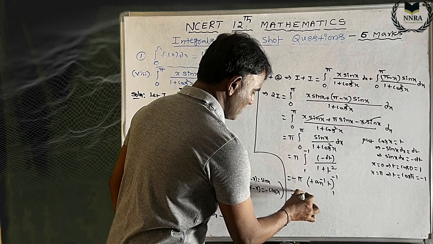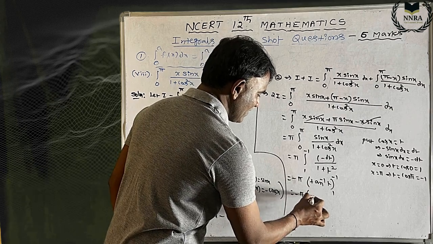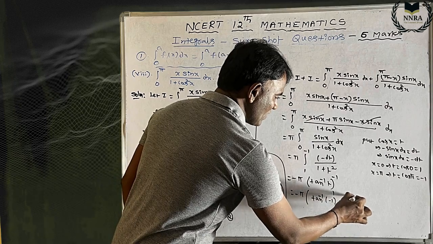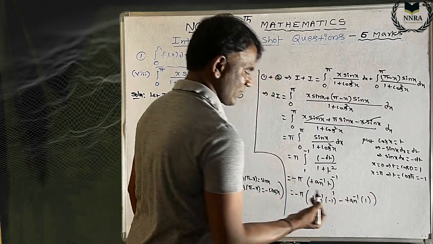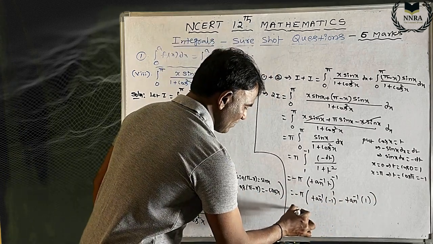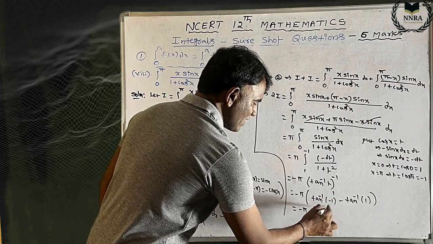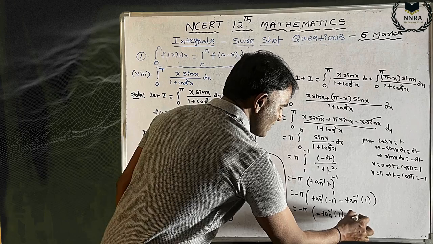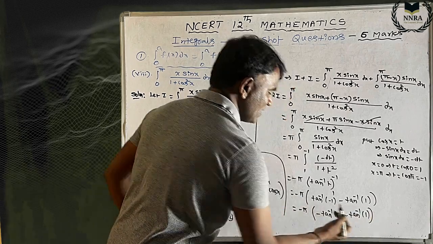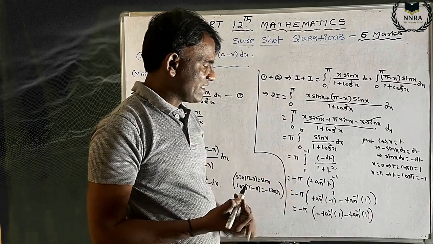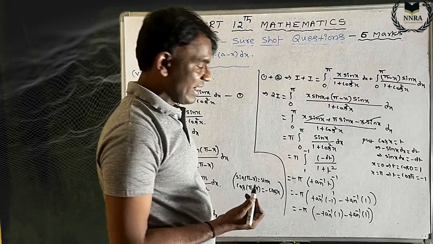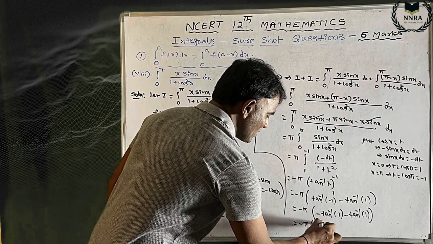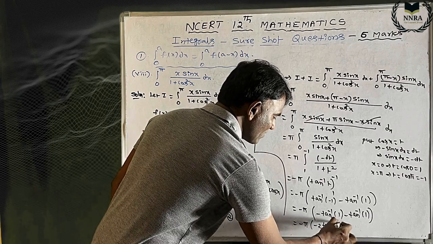So minus pi into, upper limit value is tan inverse of minus 1, minus lower limit value is tan inverse of 1. And again minus pi into, tan inverse of minus x is minus tan inverse x. And it is also same tan inverse of 1. Minus tan inverse of 1 minus tan inverse of 1, minus 2 tan inverse of 1. So minus pi into minus 2 tan inverse of 1.